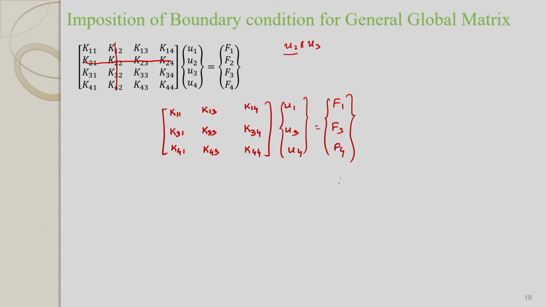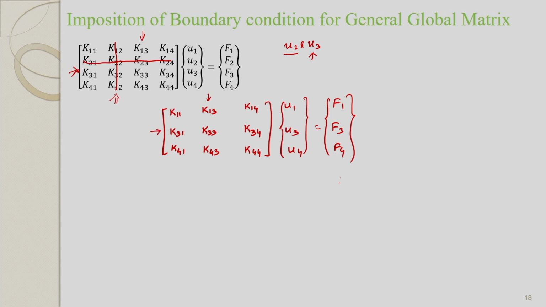Then we have to eliminate the degree of freedom corresponding to U3. But if you see, because of the elimination at the first step, those entries corresponding to the third column and third row are now appearing as the second column and second row.